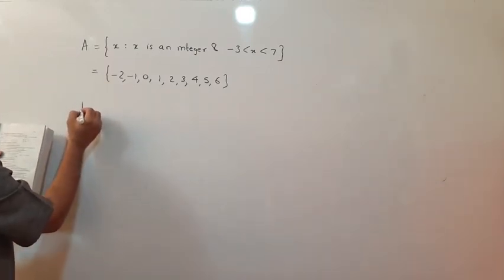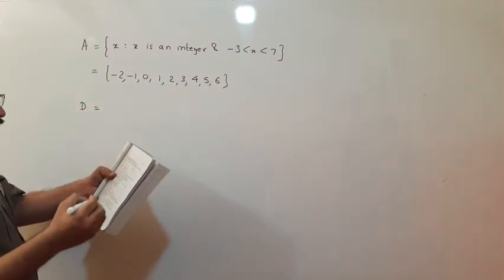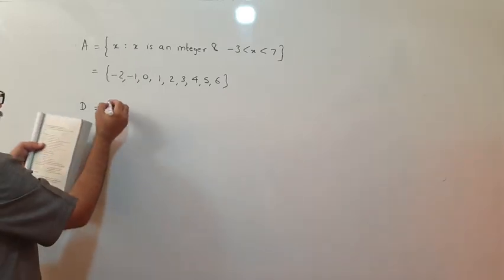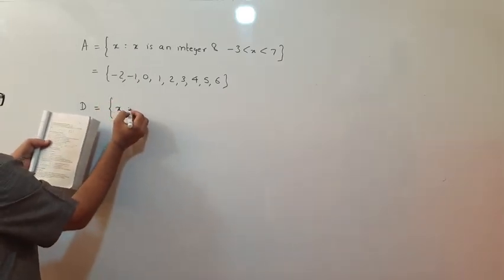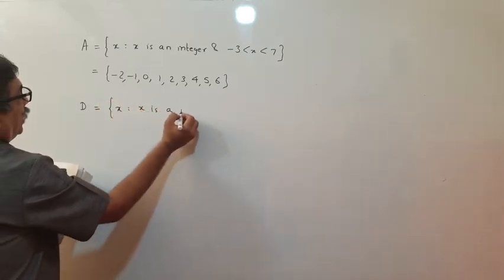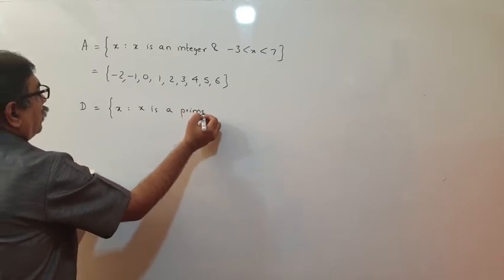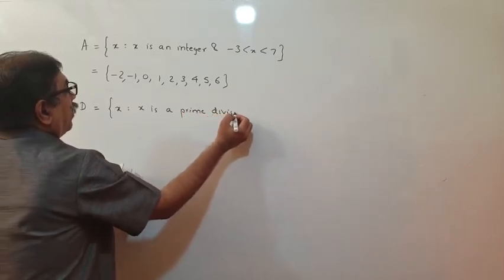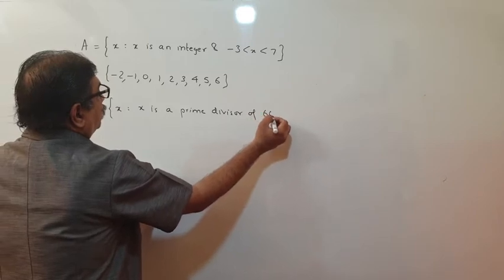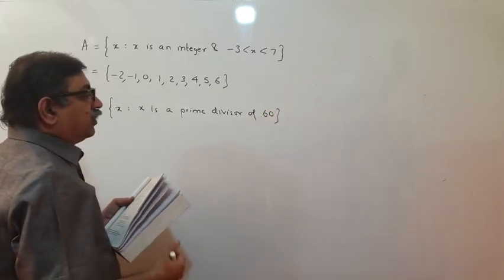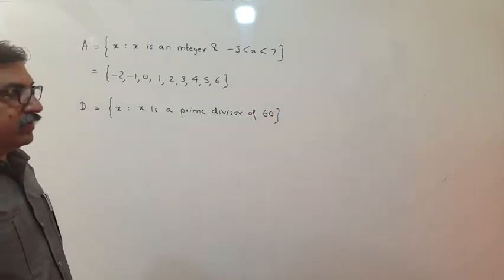Then there is D. I am not doing all, the remaining are easy, you can try them out. It is said that x such that x is a prime divisor of 60. Now we don't want divisors only, we want prime divisors.